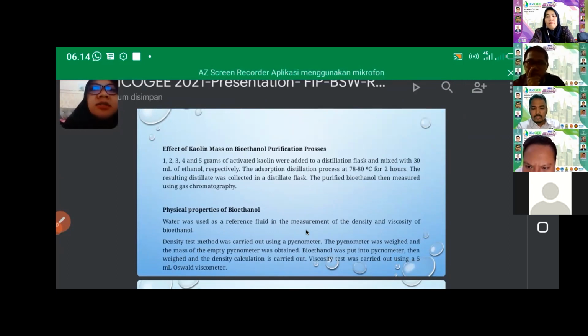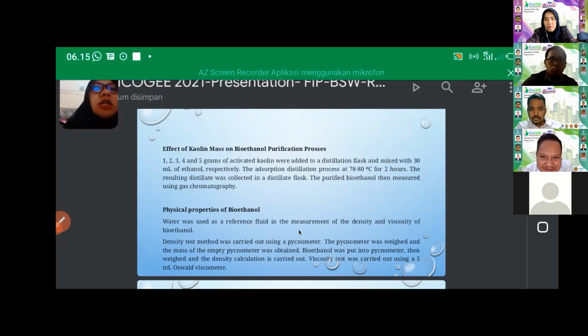The resulting distillate was collected in a distillate flask as purified bioethanol, then measured using gas chromatography. Physical properties of bioethanol: water is used as the reference fluid in the measurement of density and viscosity of bioethanol.